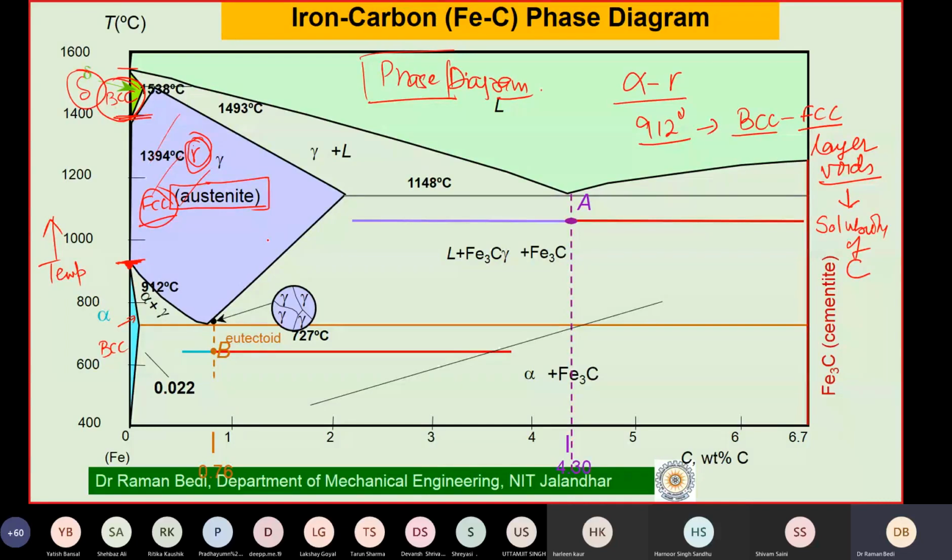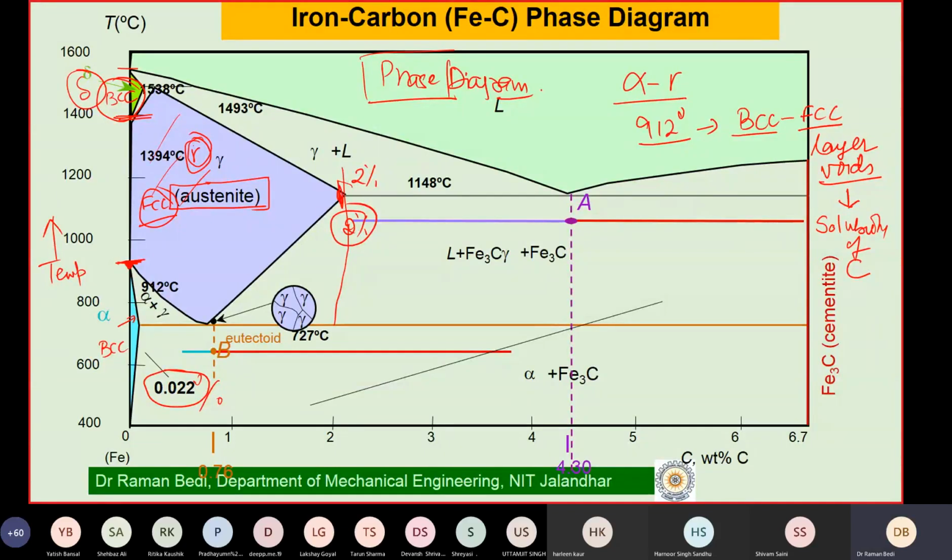The solubility of carbon is maximum somewhere here, around 2%, whereas at room temperature, the solubility of carbon happens to be 0.022%. So the solubility of carbon in iron increases almost 100 times with the temperature. It goes to 2% here, and this is 0.022%.